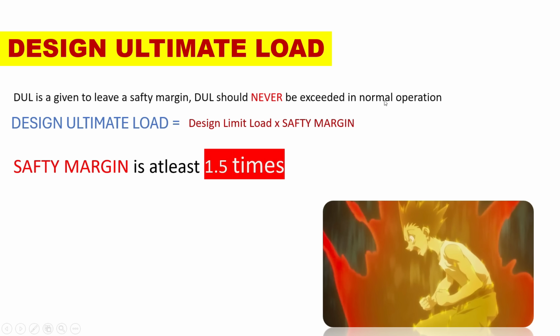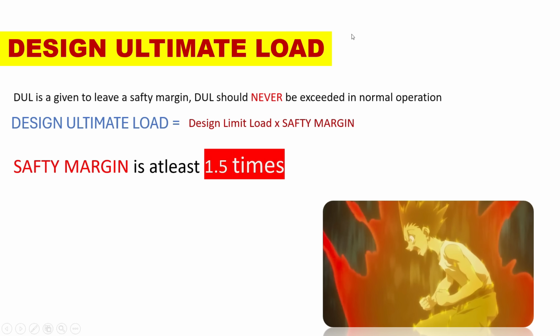So design limit load was what the manufacturer was expecting the aircraft to never cross, right? But we also add a safety margin. We also multiply it with a safety margin so that there is some buffer left between what the manufacturer is expecting the aircraft to experience in service, and the maximum load that the aircraft can bear.